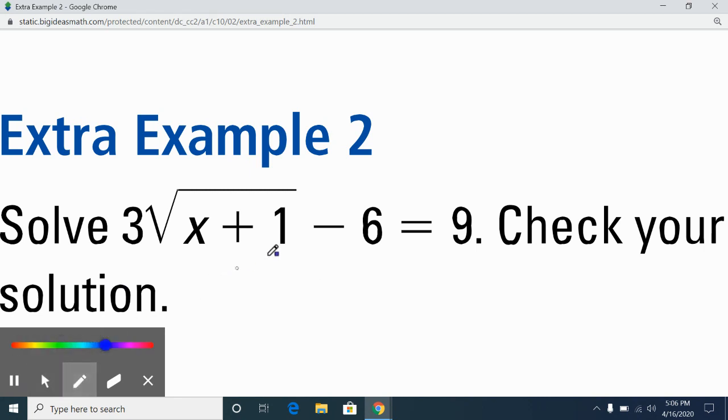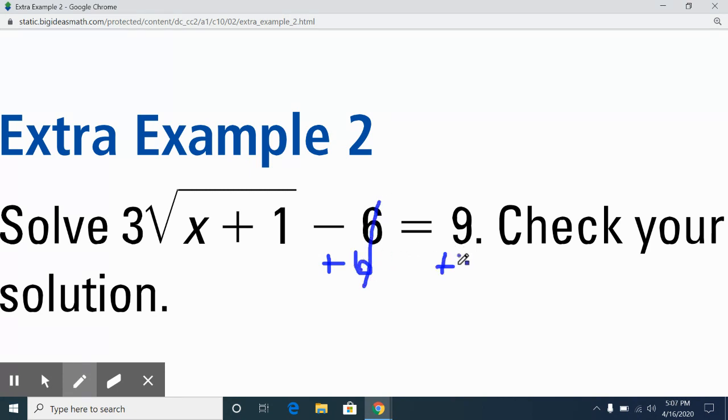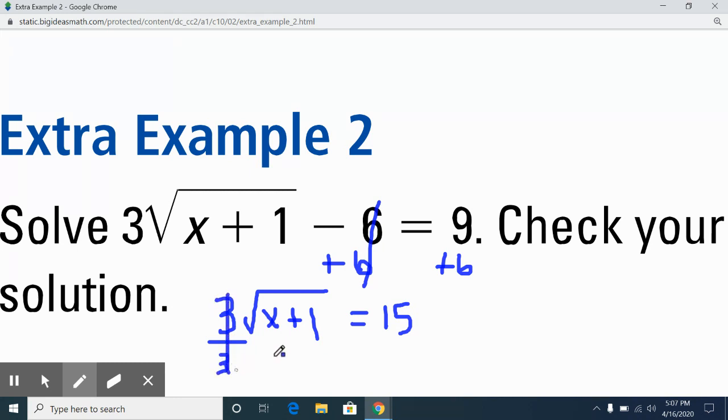Hopefully you were thinking that the first thing we need to do is add 6. Add 6, that leaves me 3 square root of x plus 1 is equal to 15. Now I've got to isolate the square root expression, so I'm going to divide by 3.